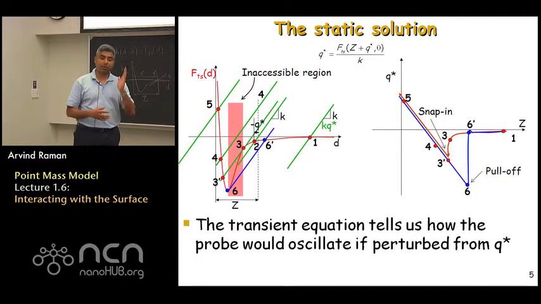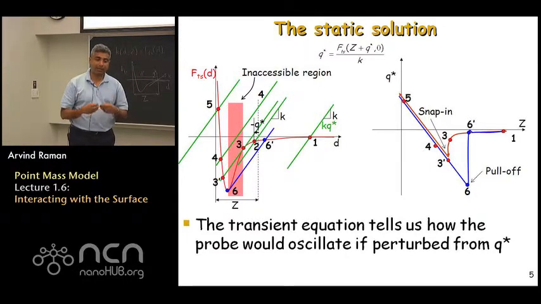What's shown on the right hand side is the same graph, however, where the solutions are shown in terms of q star, which is the static deflection of the tip, as a function of separation z. We find that when z is far away, you're at 1. When you come closer, the q star becomes more negative due to the attractive forces. At point 3, it suffers a jump and becomes even more negative as it snaps down below. And then as you keep pressing down, or the sample moves up, q star becomes positive, the tip deflection becomes positive.